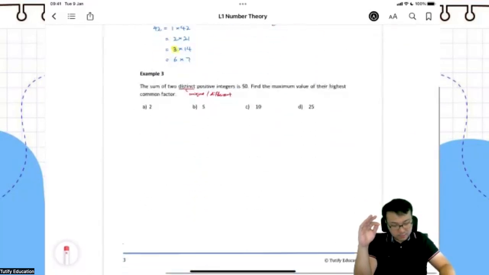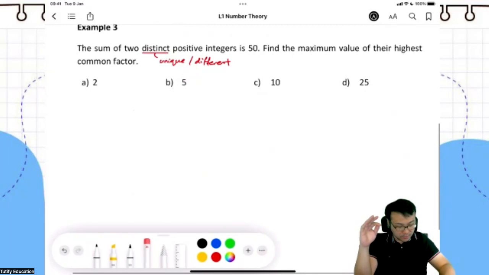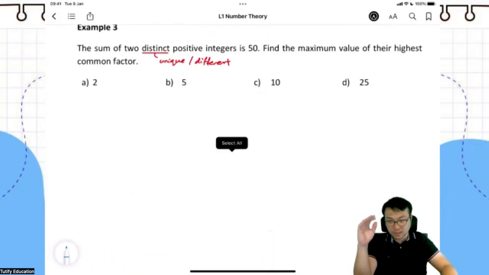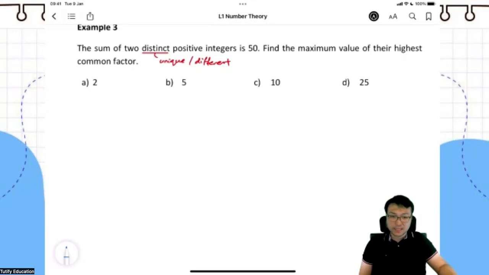So just now, based on our small experiment, what did we do? What we did was that we took the highest common factor and we multiplied it by the numbers inside the brackets.